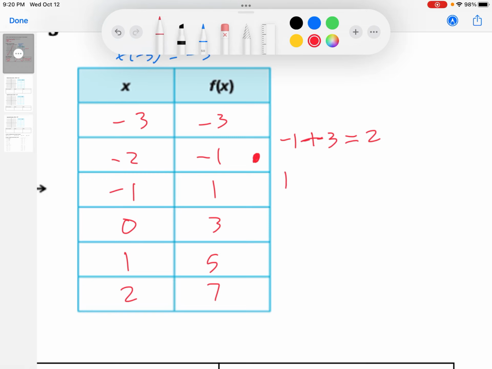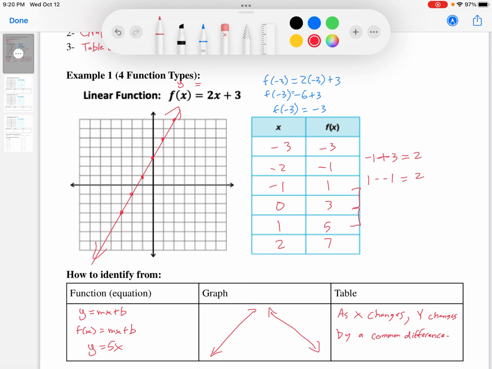If we move on, we could do 1 minus a -1. So that's this number subtracting this one. 1 minus -1 is 2. And then from there on out, I think it's really easy to see. 3 minus 1 is 2, 5 minus 3 is 2, 7 minus 5 is 2. So that problem definitely has a common difference of 2. Okay, that is our first function family, linear functions.